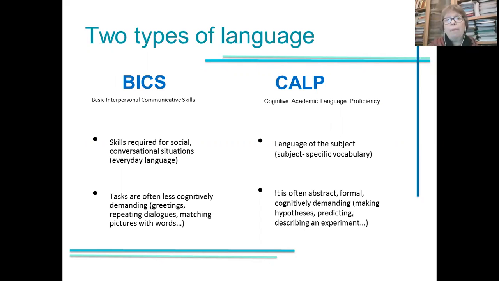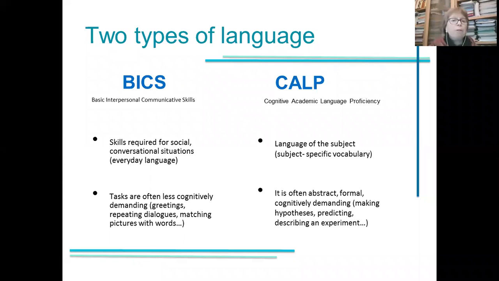BICS and CALP. BICS is the basic interpersonal communicative language. I mean, the skills we need for everyday communication, for social interaction. And usually the tasks that we plan at the school to develop these BICS are less cognitively demanding.